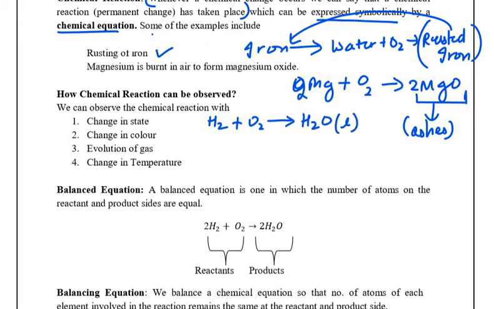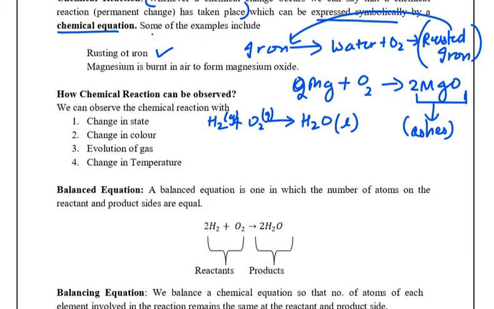This is a chemical reaction because when H2 reacts with O2 it forms H2O, and now we can't separate H2 and O from the product. So here there is a change in state: H2 and oxygen were gases and they have been converted into liquid.